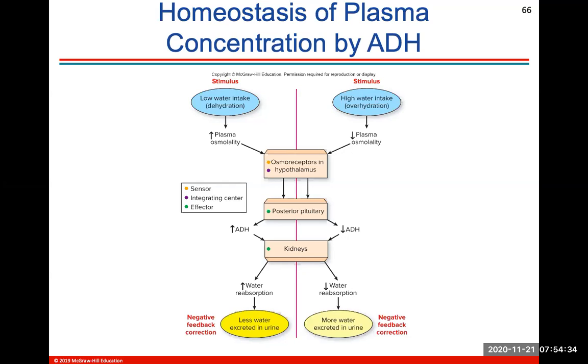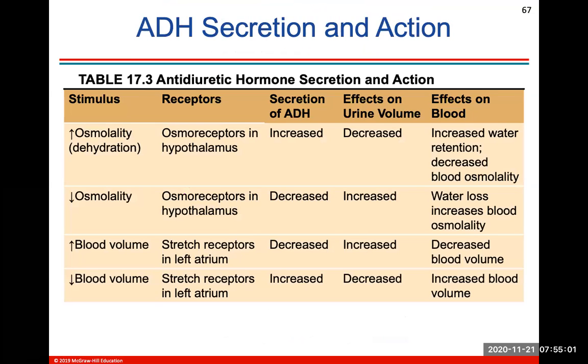Your antidiuretic hormone will be released to act on your kidneys to increase water reabsorption, where less water is excreted in the urine, so you'll get more concentrated urine. So antidiuretic hormone will increase blood fluid volume, and you'll decrease the excretion of water into the urine. So this takes you through antidiuretic hormone.